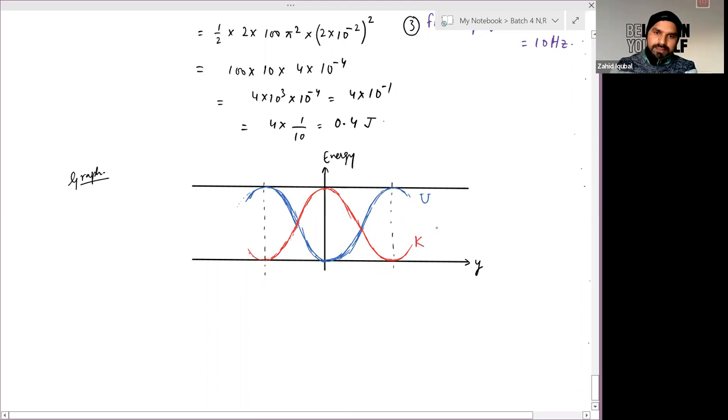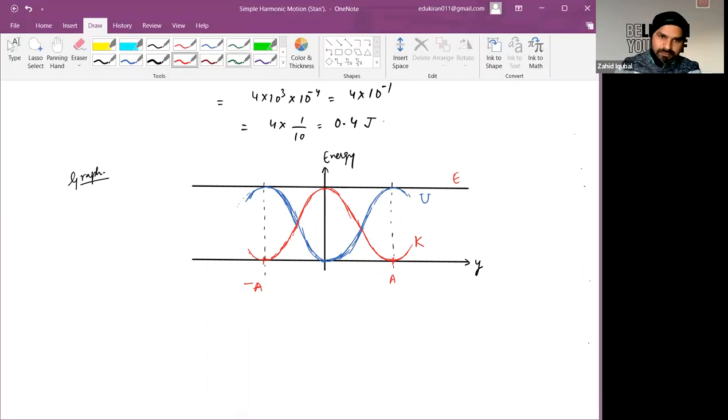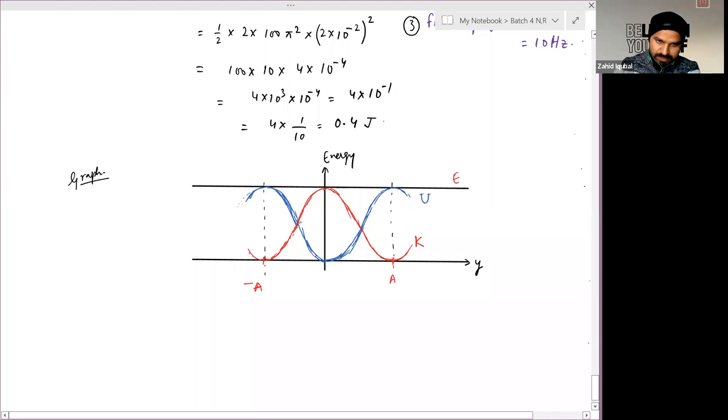This is kinetic energy, and total energy is always constant. So this will be total energy. Now this point is extreme towards right. This point is extreme towards left. Next, there's point of intersection, this one, this one.